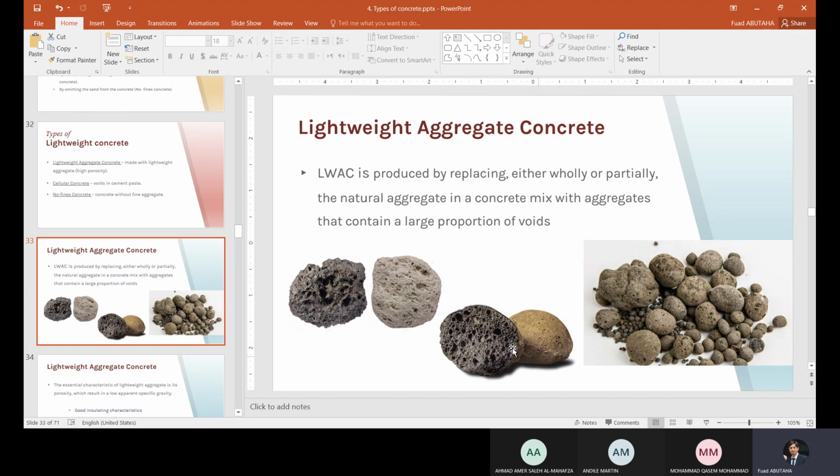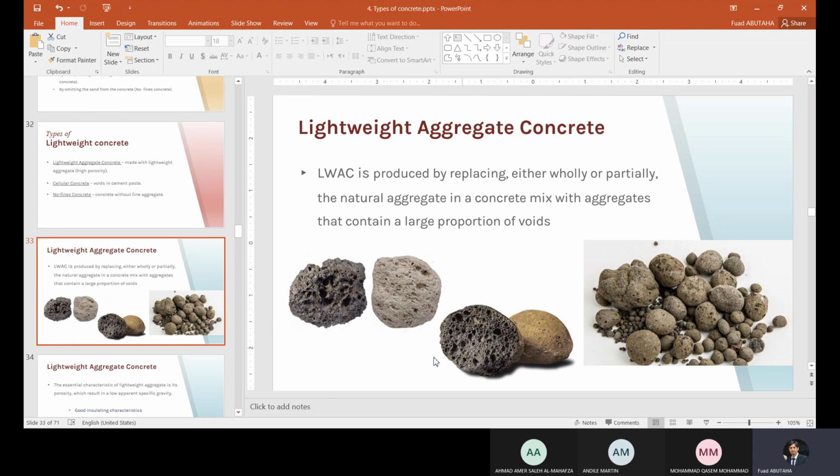You can see how much void it has, and you can expect how light this particle is compared to the gravel or granite or any other most commonly used aggregate. So these lightweight aggregates will significantly reduce the weight of the concrete.